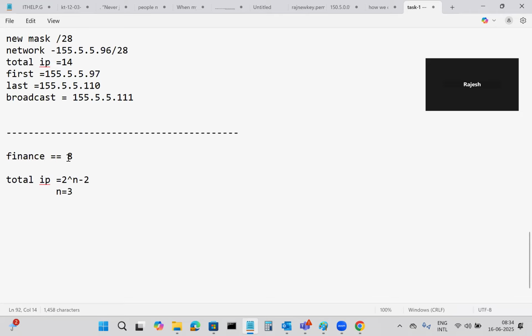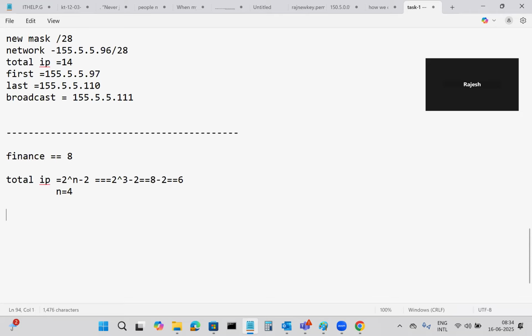But my requirement is 8, correct? With 2 to the power n minus 2, this is the real formula for the total IP. So here 8 minus 2 will be 6. It is less than my requirement, so I cannot use n as 3. I need to use the next available, 4.